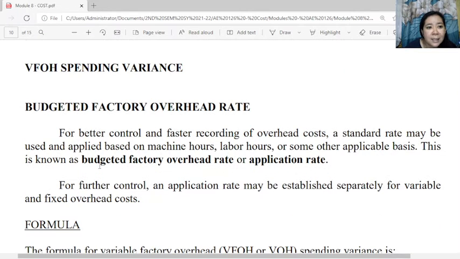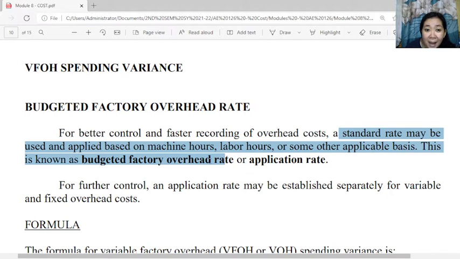Now, let us discuss each of these specifically. Okay, for variable factory overhead spending variance. Normally, for better control and faster recording of overhead cost, the entity uses a standard rate. This may be used and applied based on either your machine hours or labor hours or some other applicable basis.